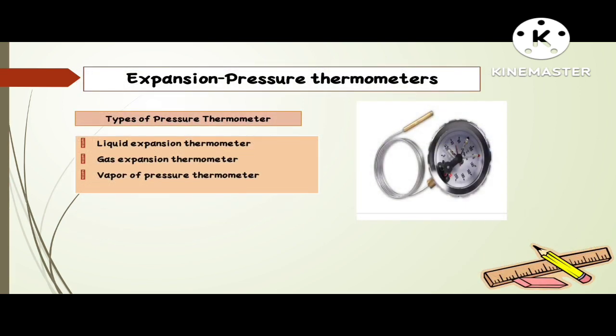Expansion pressure thermometers. There are 3 types of pressure thermometer. First is the liquid expansion thermometer, second the gas expansion thermometer, and third the vapor pressure thermometer.